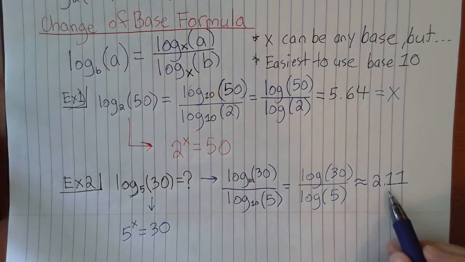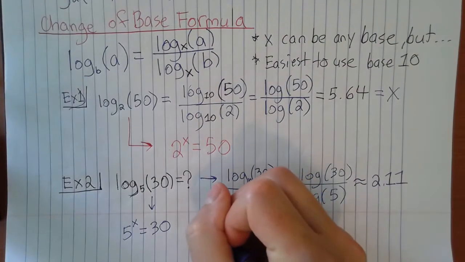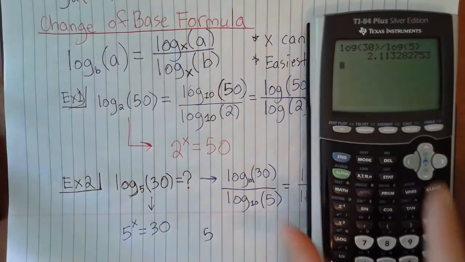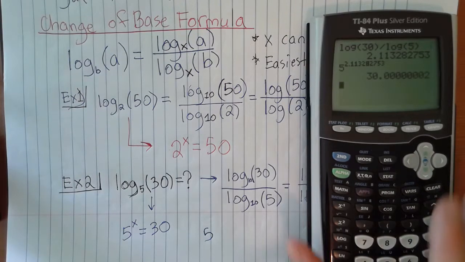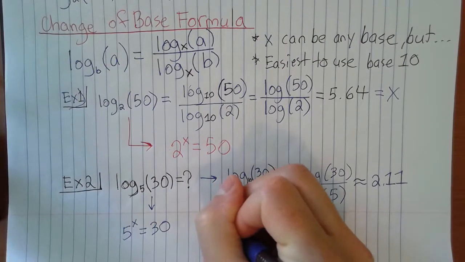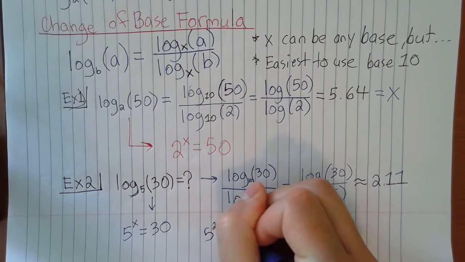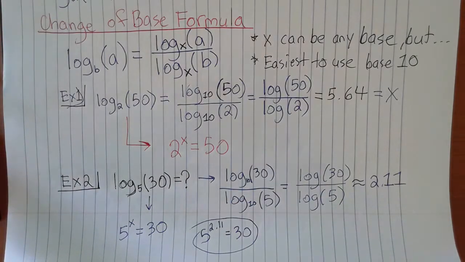And so now we know 2.11 should get us to 30 if we raise 5 to that power. And we can check on our calculator, 5 to the power of that answer does in fact equal 30. So 5 to the power of about 2.11 equals 30. We checked our answer and it is indeed correct.